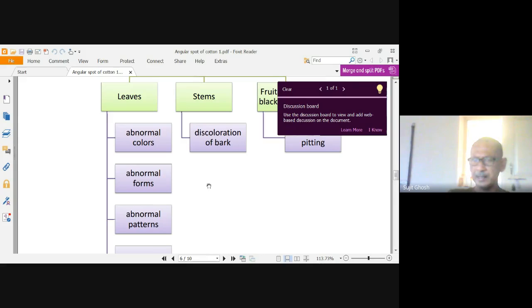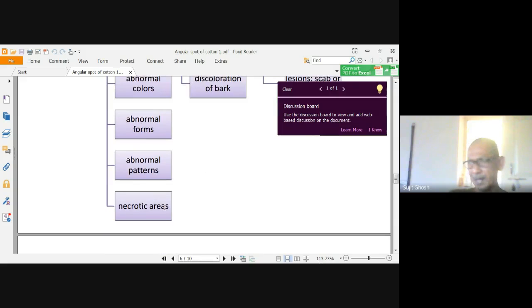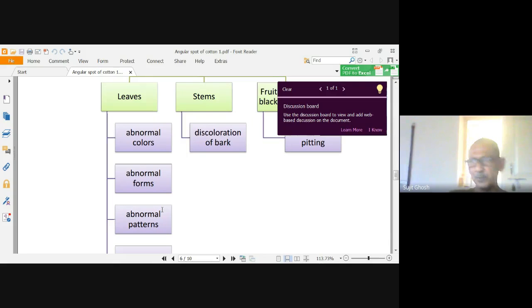Stem, discoloration of the stem. Leaves, here you will observe the triangular spot of abnormal color, abnormal form, and abnormal pattern. Triangular or angular, and the spotted region having dead tissue. So from this slide, we get the concept that leaves, stems and fruits are the main target areas.